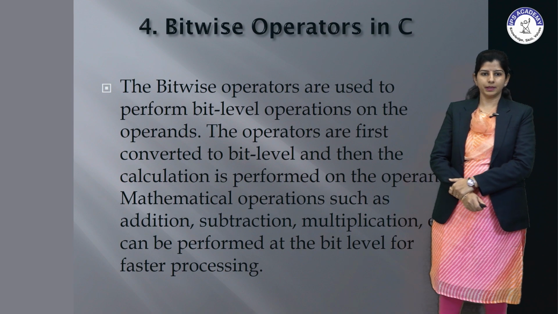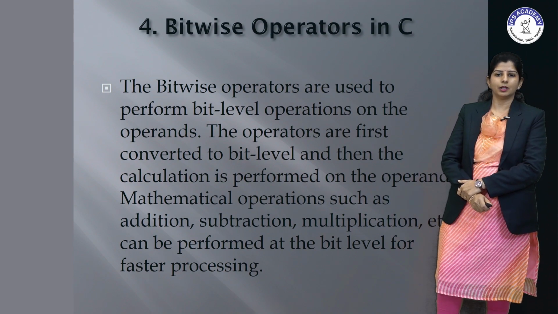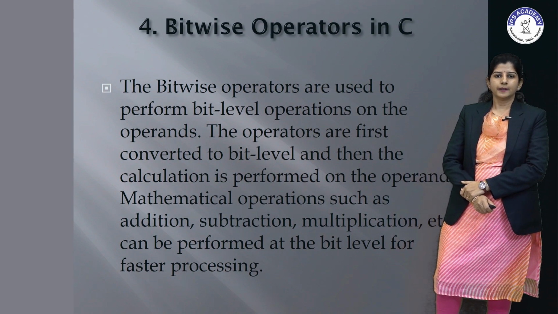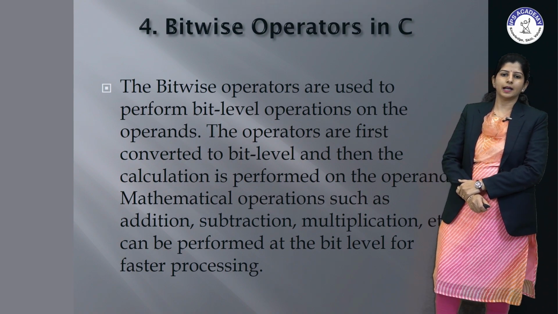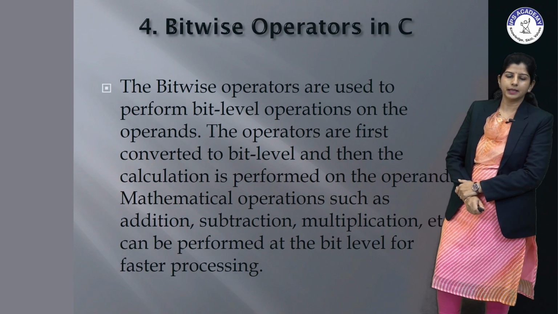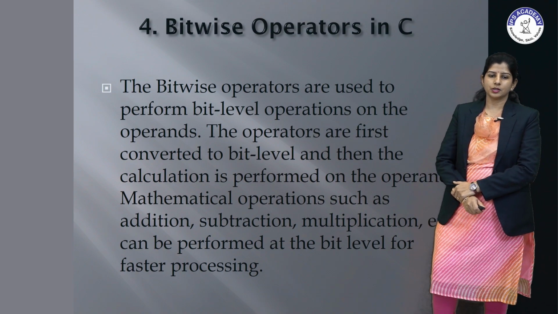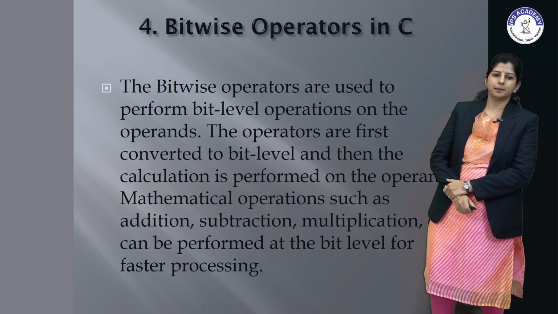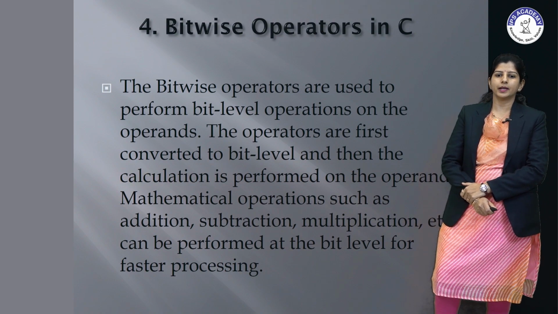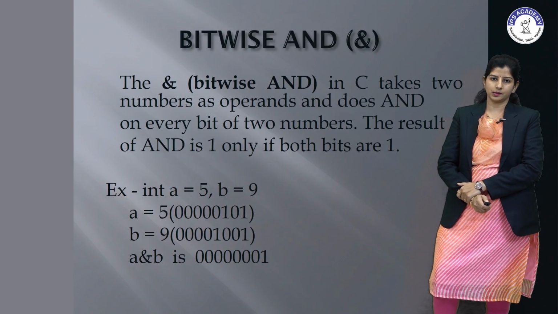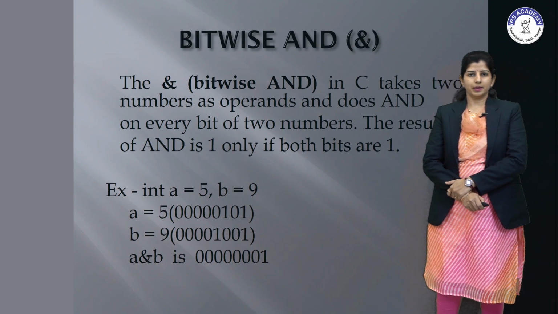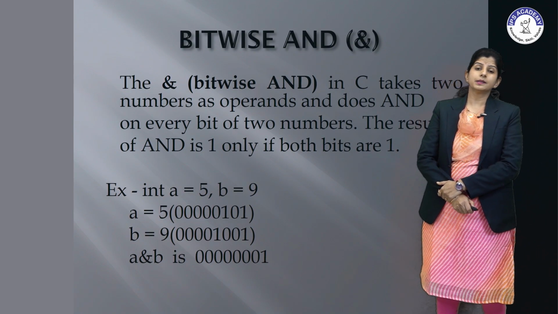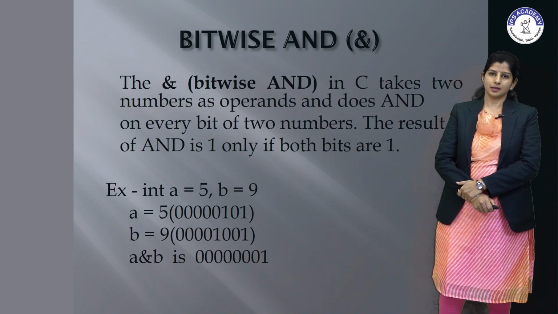The bitwise operators are used to perform bit level operations on the operands. The operands are first converted to bit level and then the calculation is performed on them. Mathematical operations such as addition, subtraction, multiplication, etc. can be performed at the bit level for fast processing. Sometimes there is a requirement that we have to work on the bits of our system.